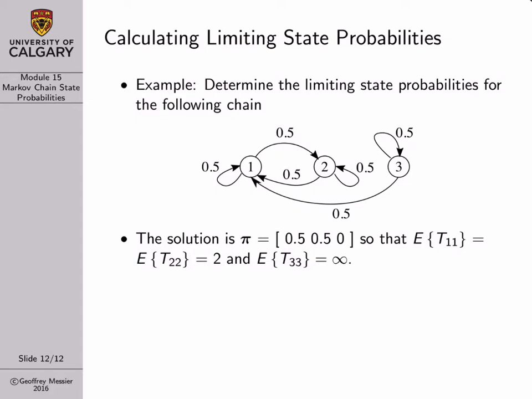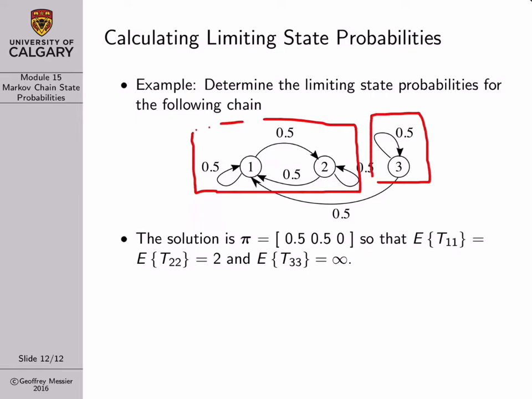The states in our first class, states 1 and 2, are recurrent because this class is a closed class. However, state 3 is transient. It's an open class, and it's transient because if we take the transition from state 3 to state 1, we'll never ever return to state 3.